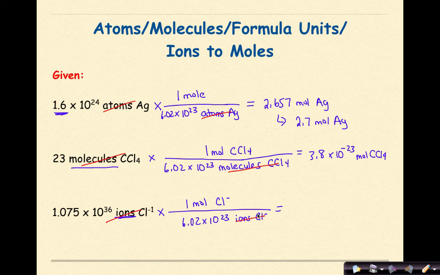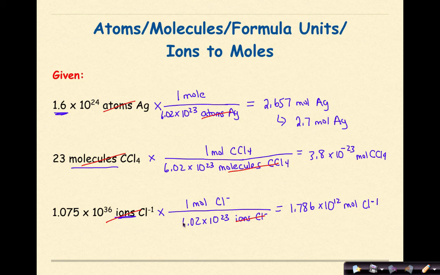Ions cancel ions. 1.075 times 10 to the 36th times 1 divided by 6.02 times 10 to the 23rd. And if I work this out, I get 1.786 times 10 to the 12th moles of chloride ions.